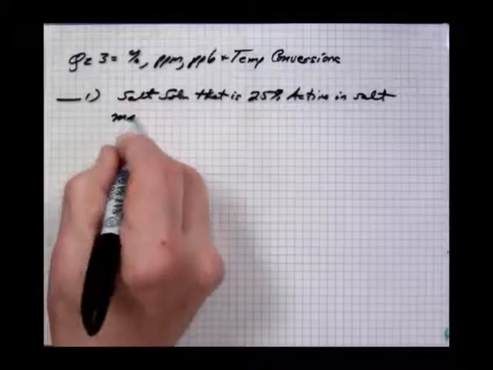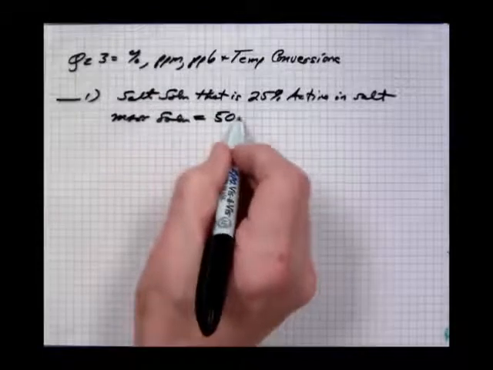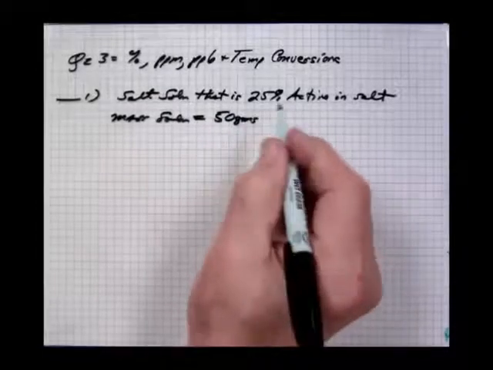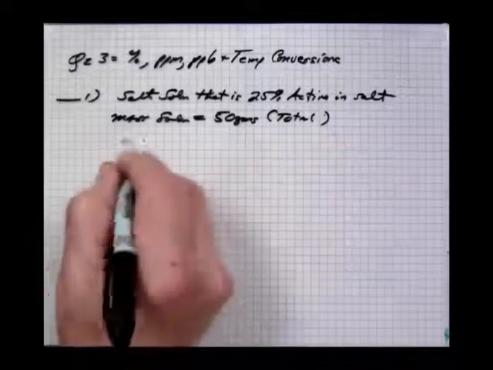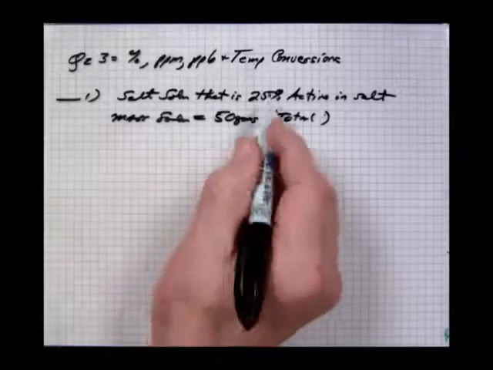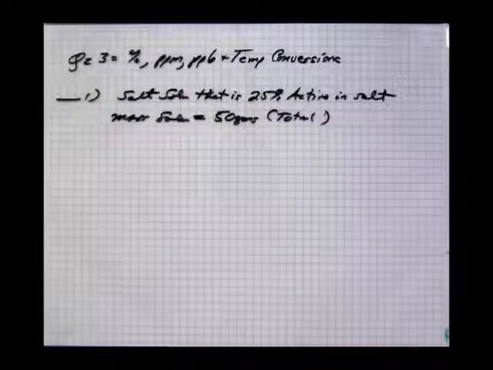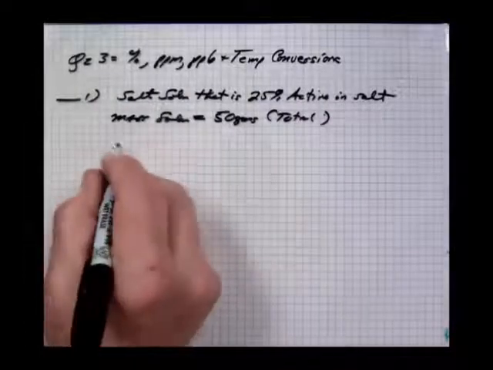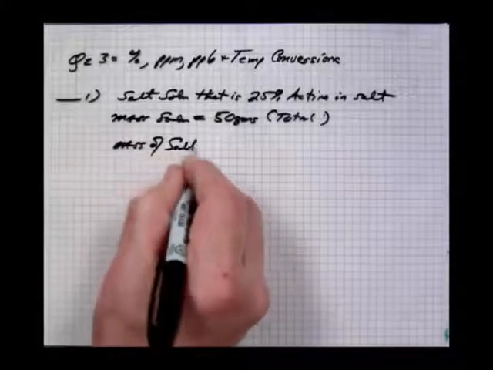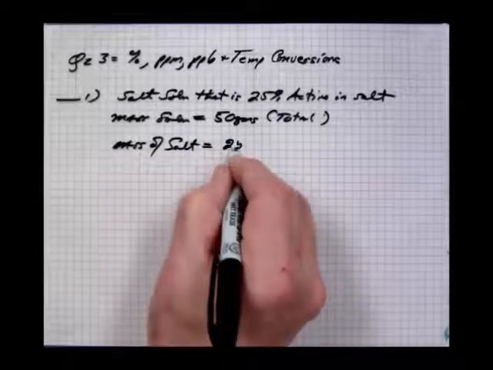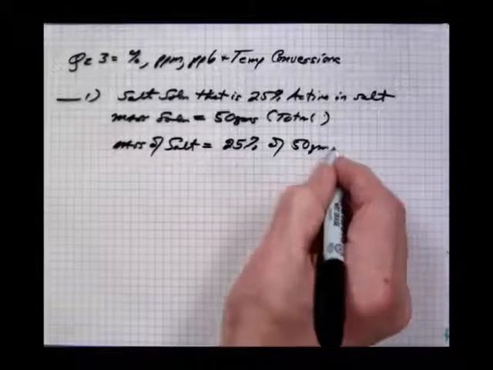Mass of solution is 50 grams, so that would represent the total, and the 25% active would represent the fraction of salt. So essentially the mass of salt is 25% of 50 grams.